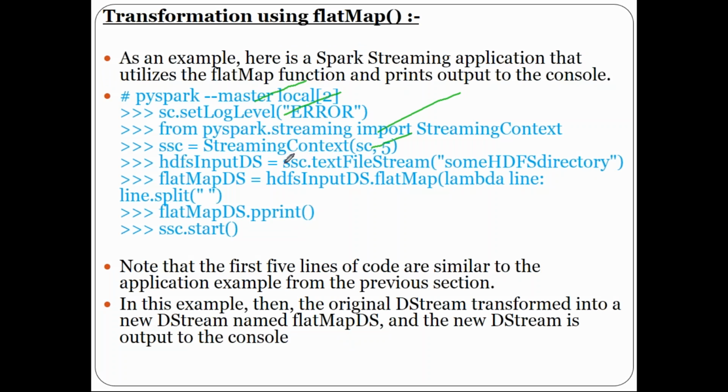After that, this one we all know, we have used it multiple times. Your lambda line dot split is using space as a separator, and using space you are separating each of the lines, and you have 4 lines, you have 4 inputs. These 4 inputs will be read as 4 blocks, 4 partitions. These 4 partitions it has to print, ssc.start. Simple.